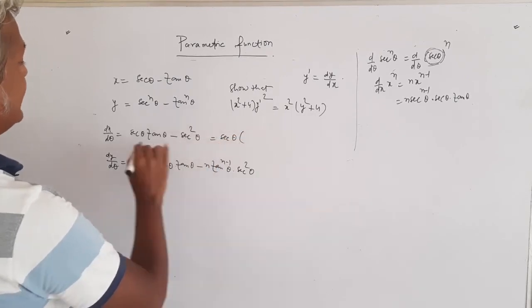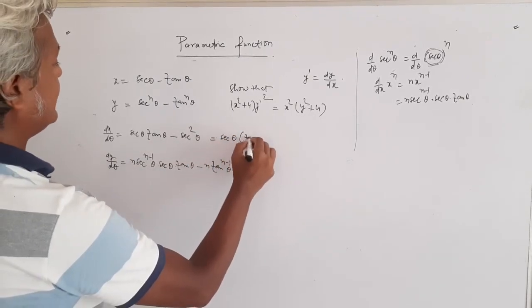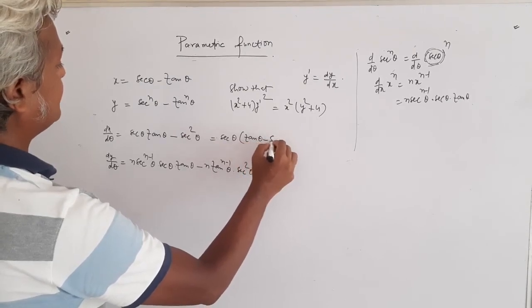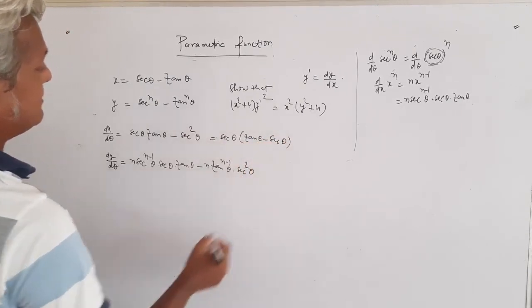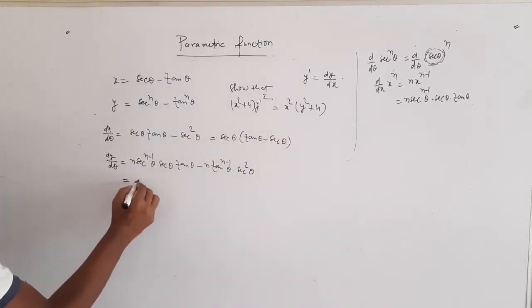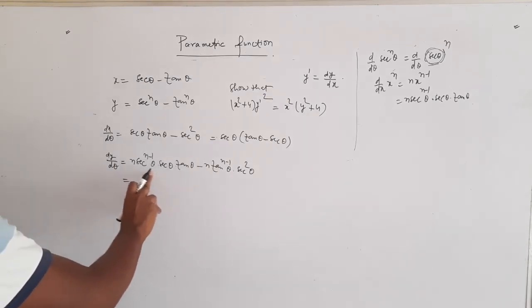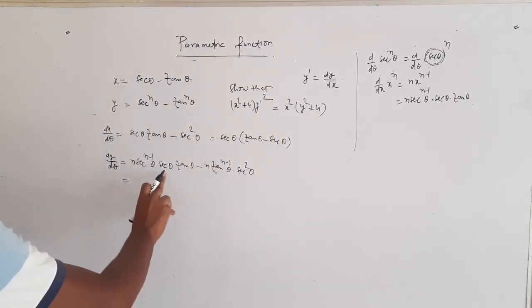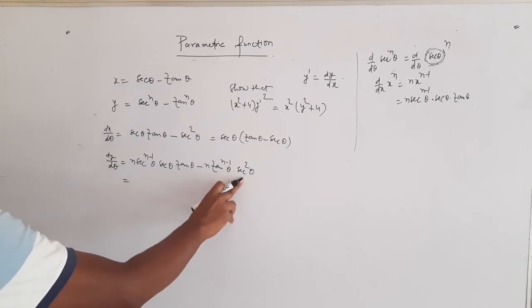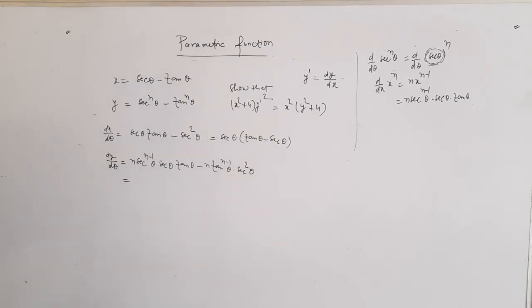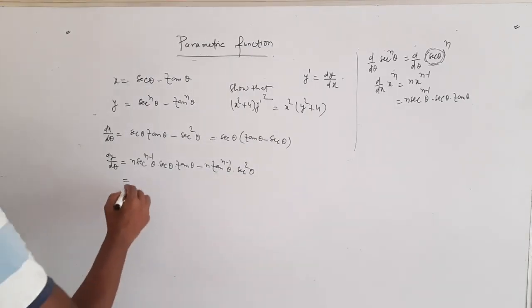If I take sec theta common, then I'll get tan theta minus sec theta, and then here we have sec to the power n theta, and then here it is sec square theta. I think we can take n sec theta tan theta common.